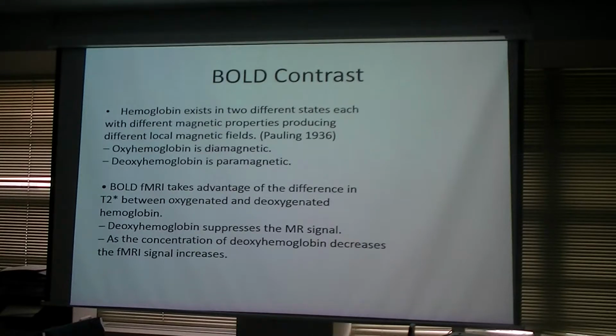When the concentration of oxyhemoglobin in the blood increases, the fMRI signal will be strong. When deoxyhemoglobin is increasing, the signal goes from strong to weak.